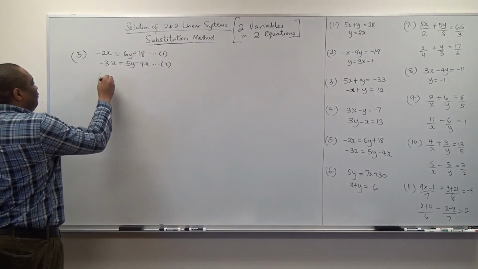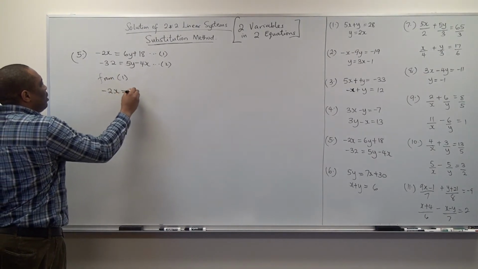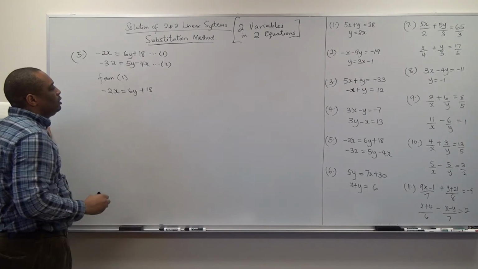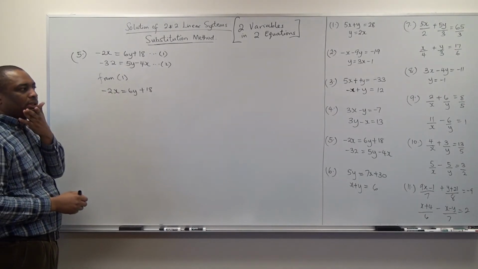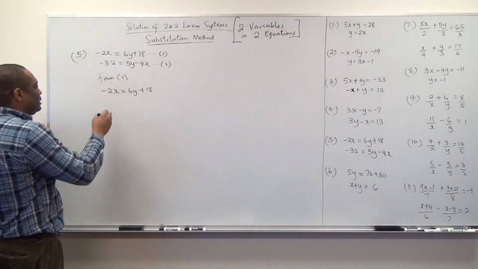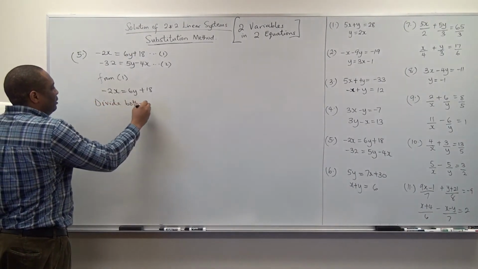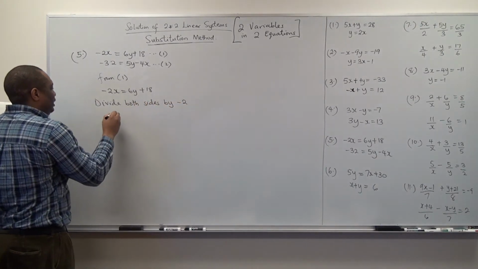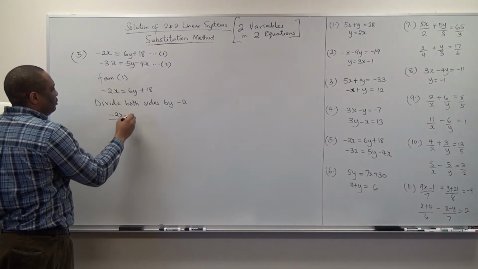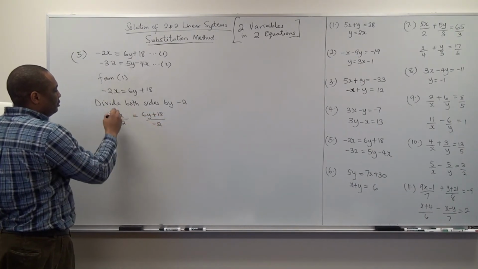So here we now say from equation 1, -2x is equal to 6y plus 18. So let's say we divide both sides by -2. We want to find x. We want to isolate x, right? Divide both sides by -2. So we have -2x divided by -2 equal to 6y plus 18 divided by -2.